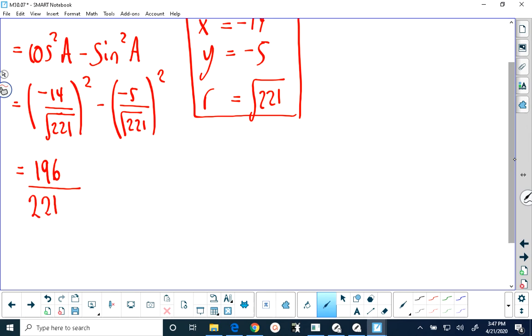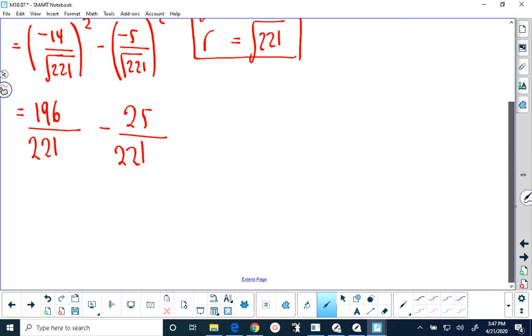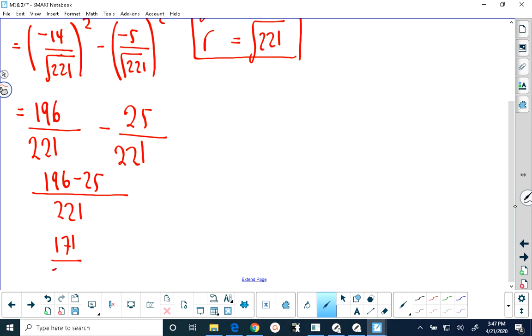We get 221. And then we have minus negative 5 quantity squared is 25 over root 221 squared is 221. Okay. Well, we have a common denominator, so we can piece these two fractions together and say the answer is 196 minus 25 over 221, and that gives me 171 over 221. And that's the answer to the question.